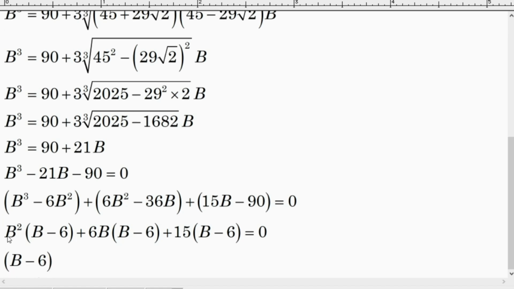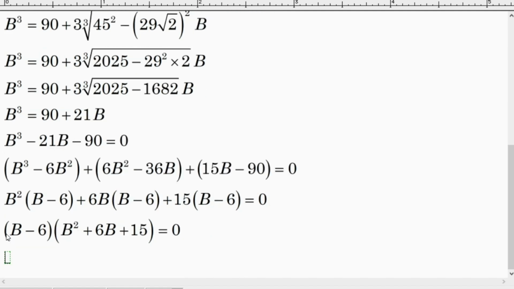Then what we have left here is b squared plus 6b plus 15, equal to 0. As we can see, we have two factors for this equation.